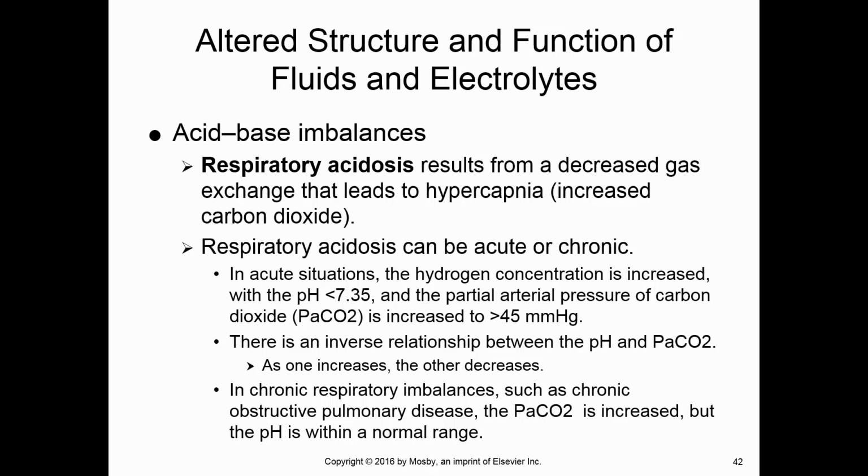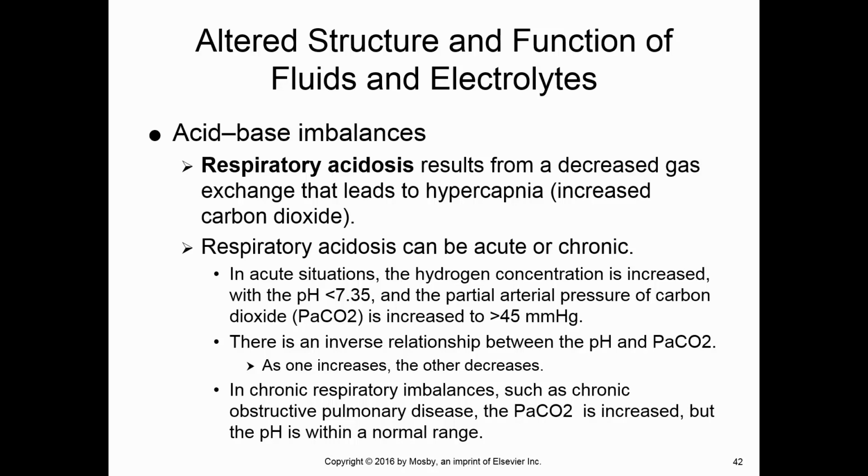Now, in chronic respiratory imbalances, like in COPD, so this is a chronic disorder, you have high CO2 levels. Remember, it's like that emphysema where they have that gas trapping in their alveoli. They're not blowing off the CO2, so they have a high CO2, and so you would think that their pH would be low or they would be acidotic.